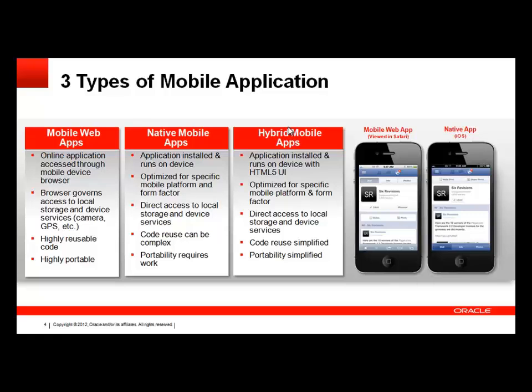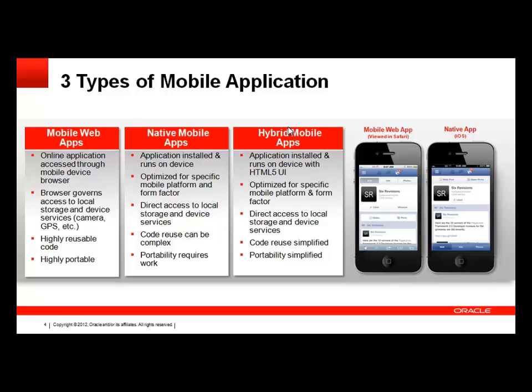This usually means that it's quite restrictive in terms of accessing device services or the file system. The advantage of those systems is that you can usually leverage the existing knowledge that you have about building web applications. In many cases you can leverage existing backends, and the code that you develop is usually quite portable between different platforms. The browser on most devices behaves in a consistent way.